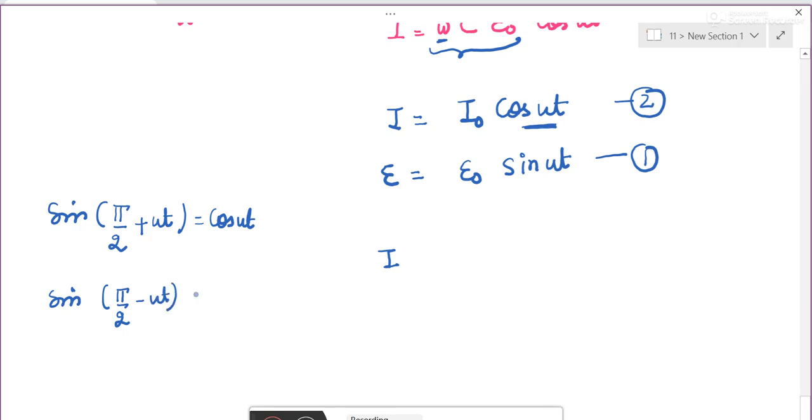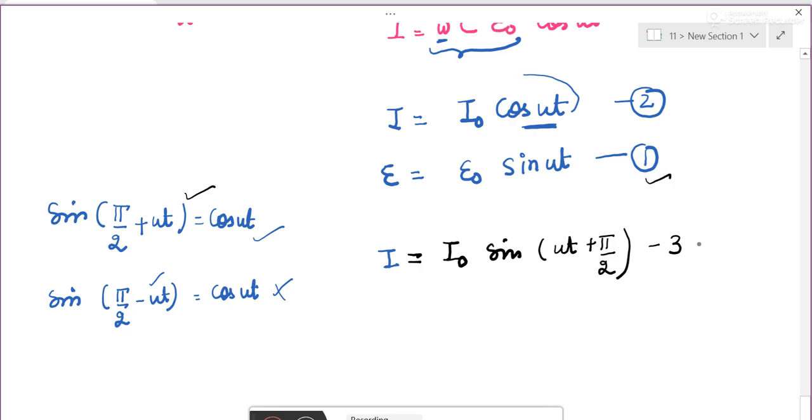Now you have to select a formula in which omega t should not be negative. If I write this formula, this is negative, so I cannot write it, so I'll be writing this. So my current would be I naught sine this one. So my relation is ready.